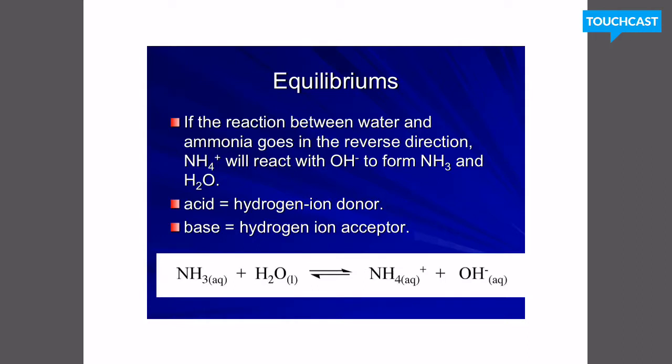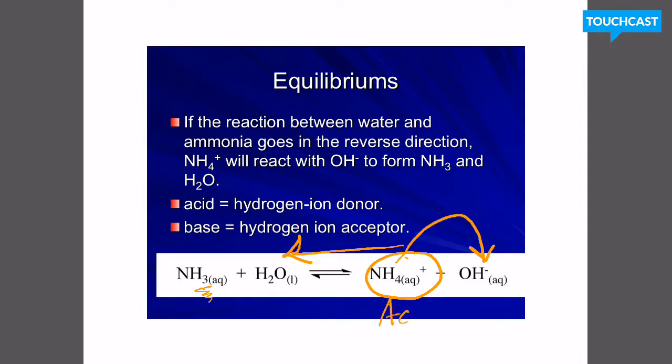So just remember that an acid is a hydrogen donor. So if you think about this reaction occurring in the backwards direction, let's look at ammonium. The ammonium ion has 4 hydrogens, but over on the left side, you see how he now only has 3. The reason why is because the ammonium ion actually took one of its hydrogens and gave it to the OH.